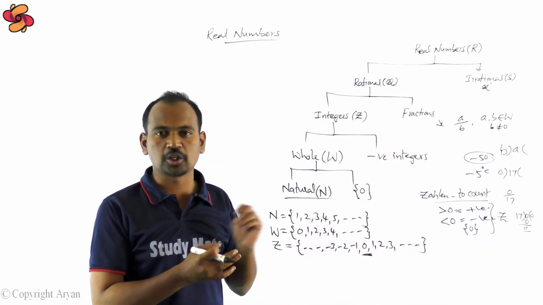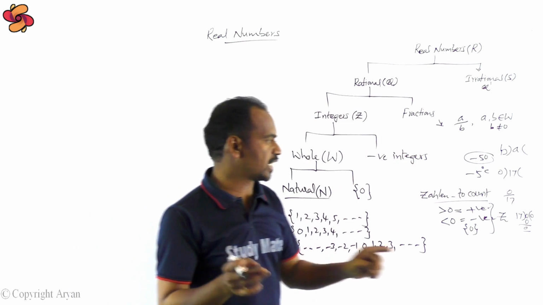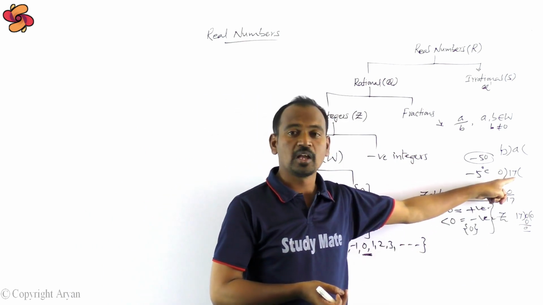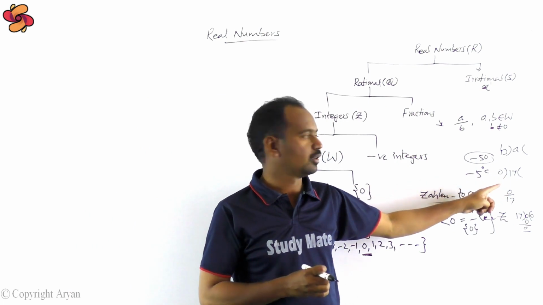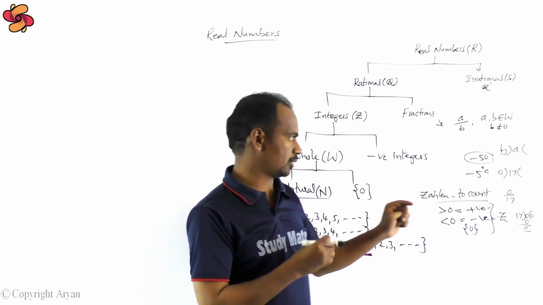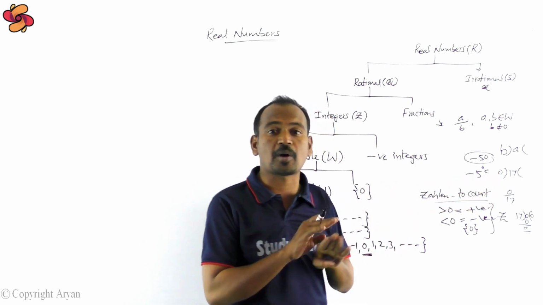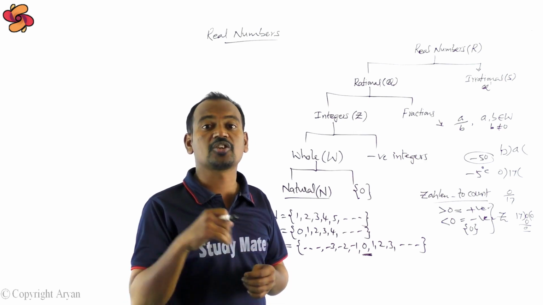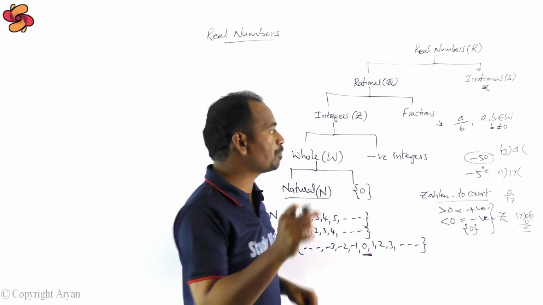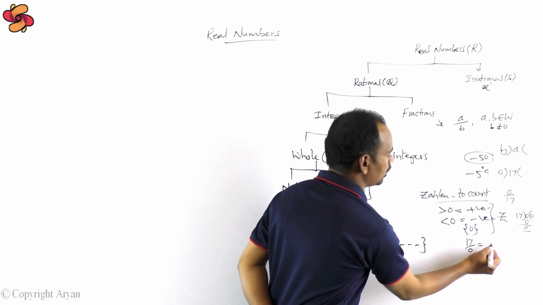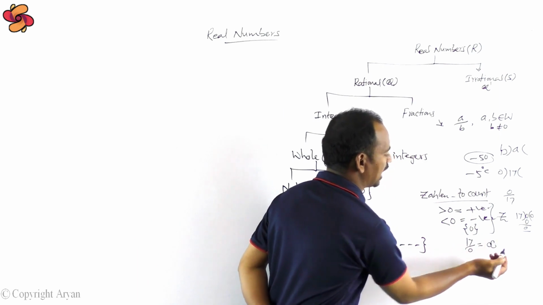Now the division is possible here, and the quotient is 0 only. But in the previous case, we can't divide 17 with 0. Or else, you can say like this: division with 0 is not possible. Or else you can write undefined, or it does not exist. In some cases, we may write 17 by 0 as infinity. So like that also you can.